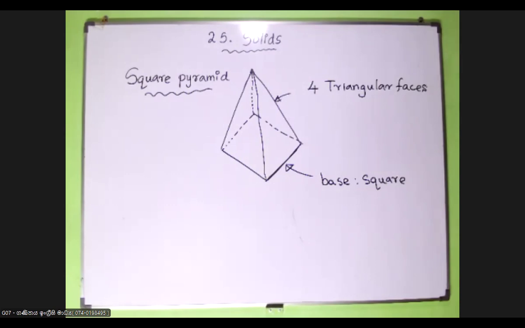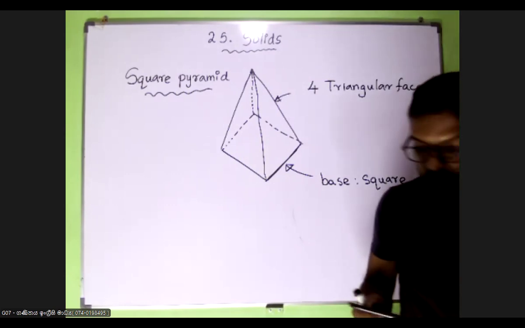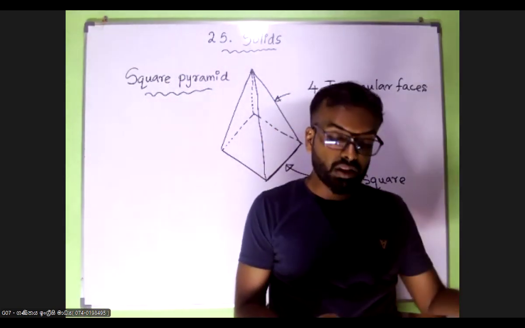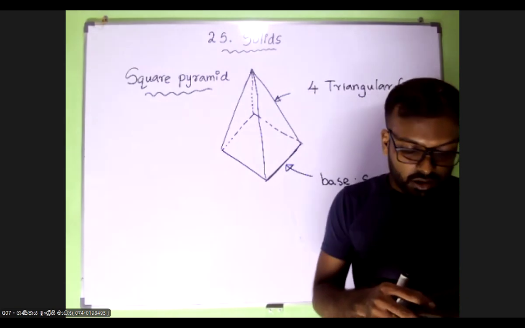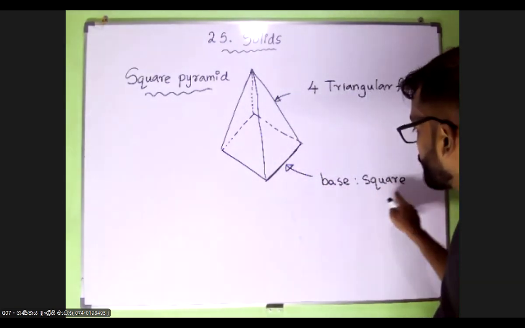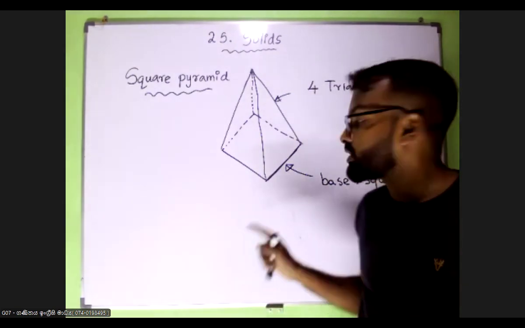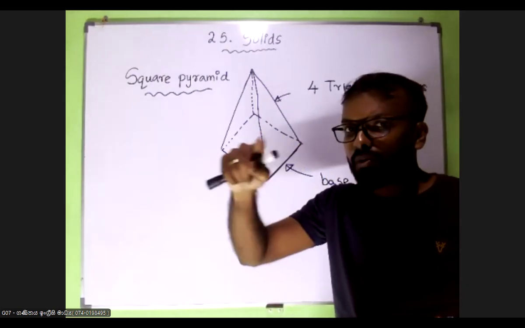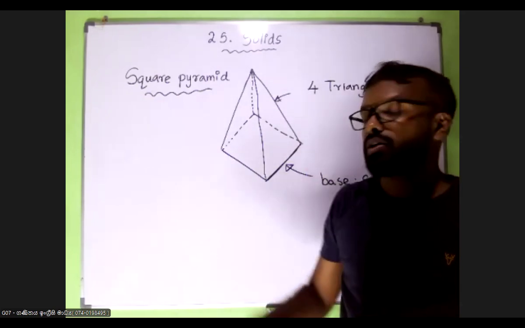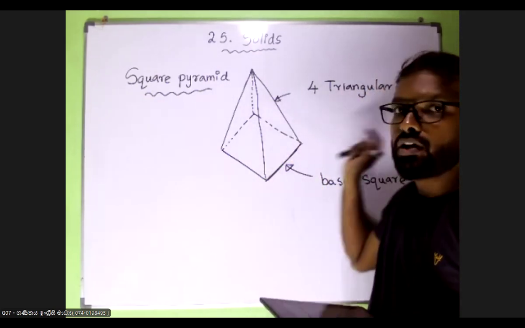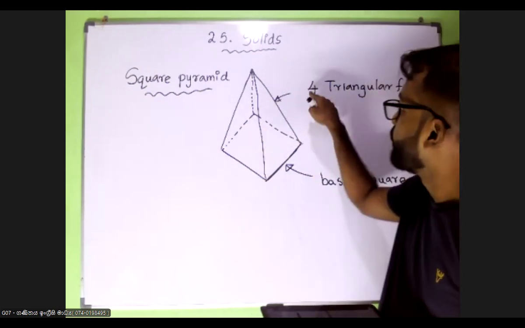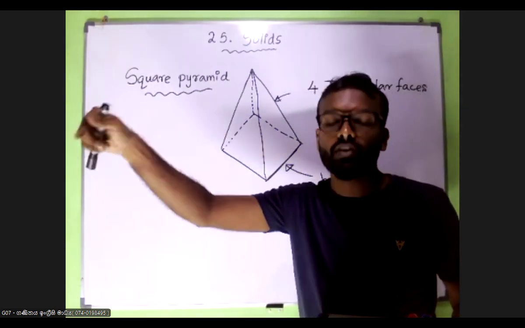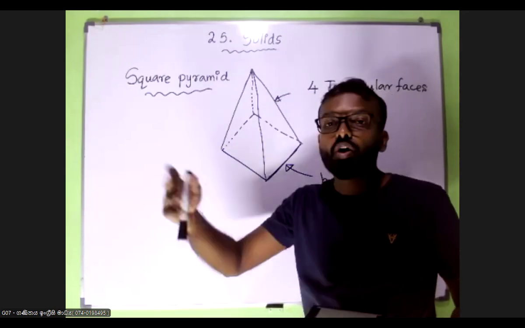So then you know how to fill the blanks. I will read it. A solid object with a, which base? The square base. A solid object with a square base, and you have a blank, then you have equal, 4 equal triangular faces. 4 equal triangular faces is called a square pyramid.